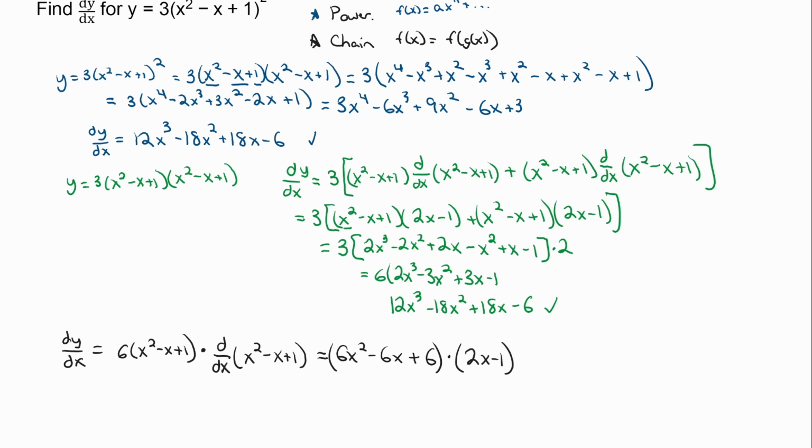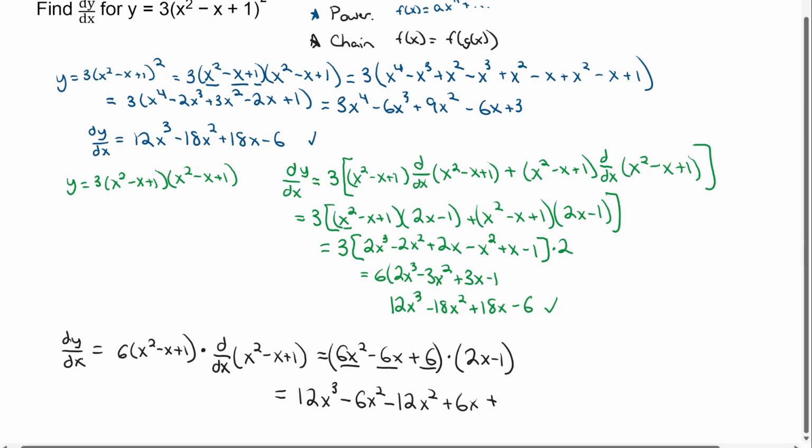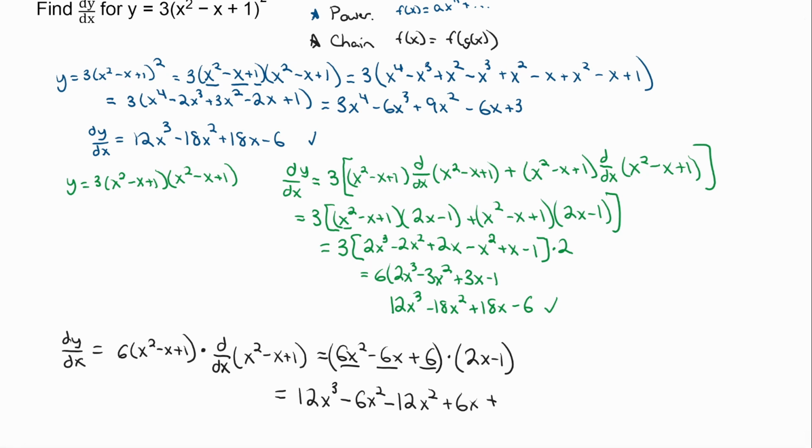And so now when we distribute out our individual terms, we'll start with our 6x squared. We'll get 12x cubed minus 6x squared. We'll do the minus 6x term now. We'll get minus 12x squared. We get plus 6x. We'll distribute out the 6 now. We'll get plus 12x minus 6.